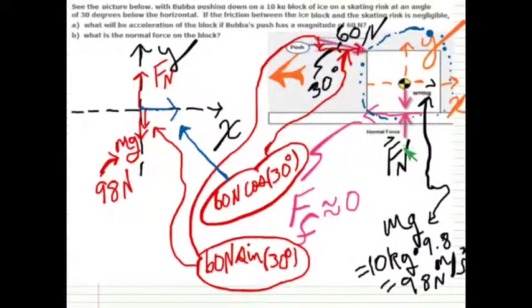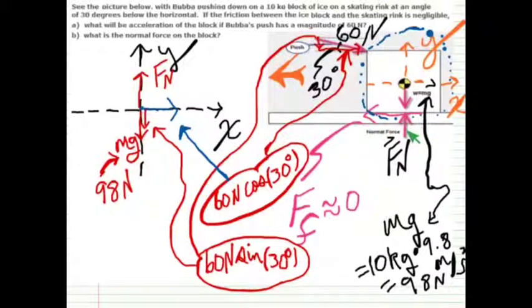But there's also a vertical or y-axis contact force by the rink on the block, and so that is the normal force. These forces are not concurrent, as their lines of action would intersect at other than a common point.